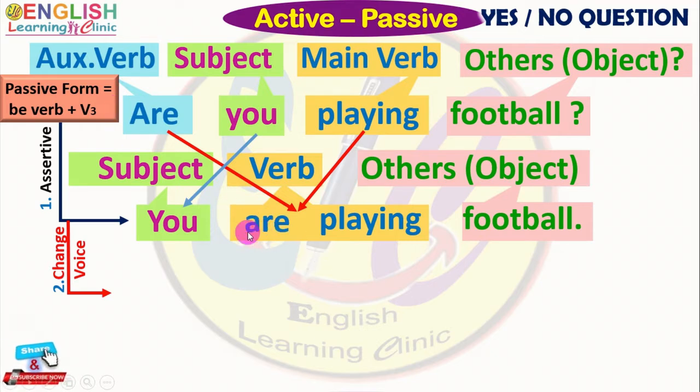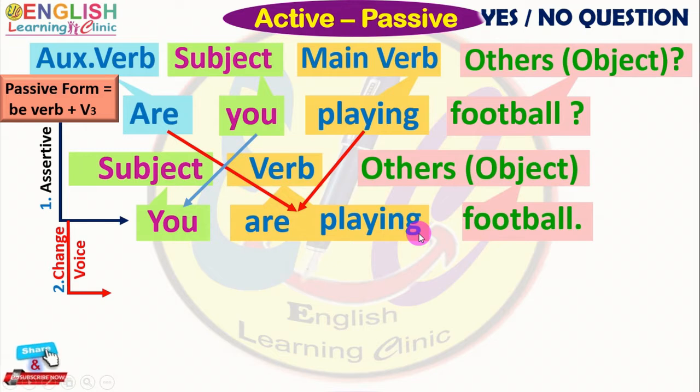Look at this verb form. This is the form of the be verb, but the main verb is not in third form. So, this is not the passive form of the verb play. This is the active form of the verb play.